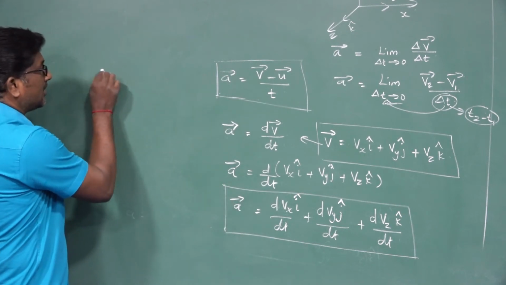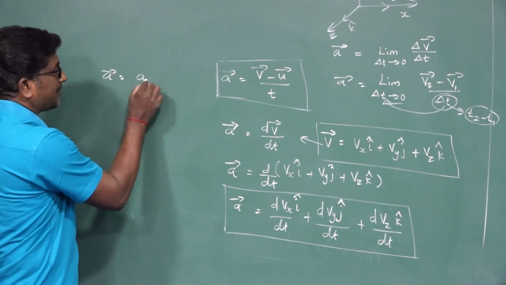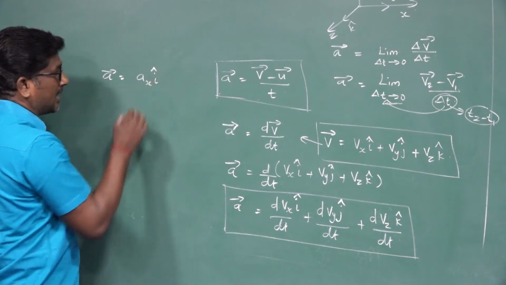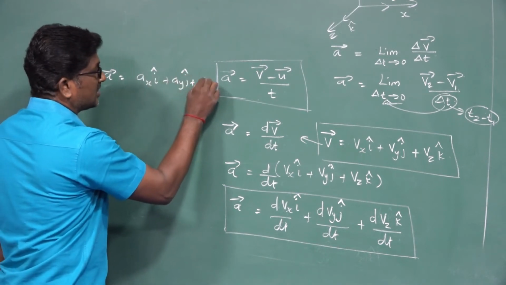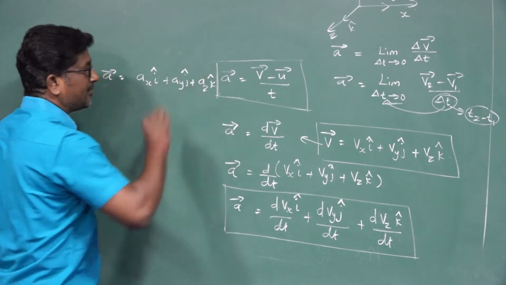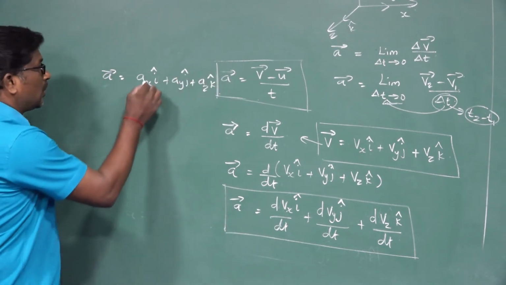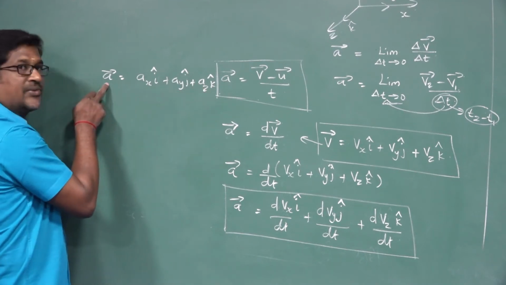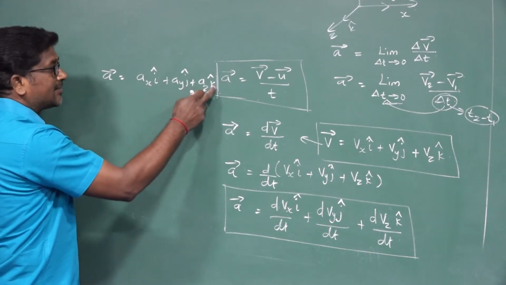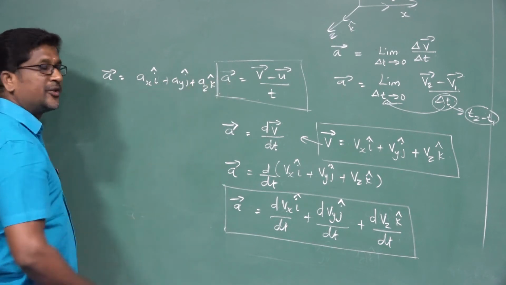Or a vector is equal to ax i cap plus ay j cap plus az k cap, where ax, ay, az, these three are scalar components of a vector. i cap, j cap, k cap, these three are orthogonal unit vectors.